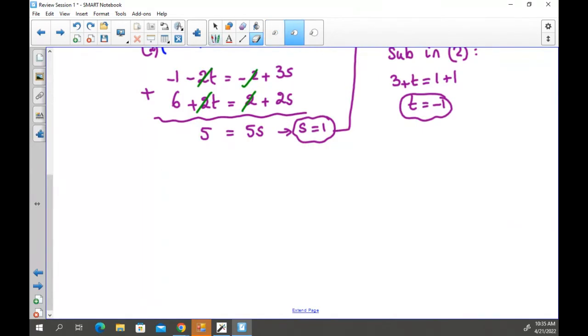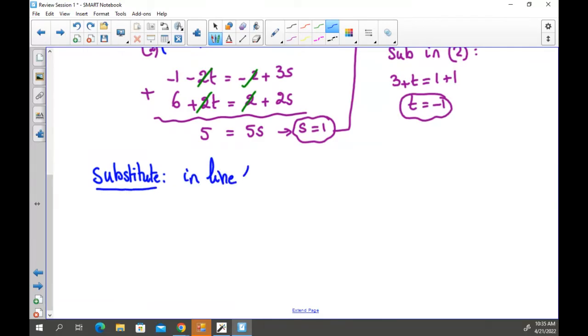Okay, let me substitute in the line L1. In line L1, I'm going to get x equal. Remember, in the line L1, it's minus 1 minus 2 times t, which is minus 1.